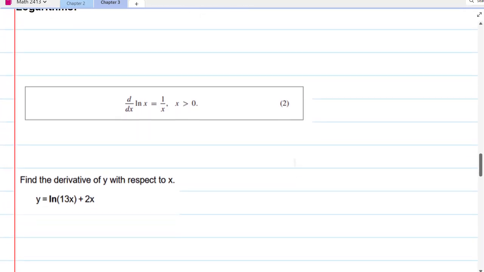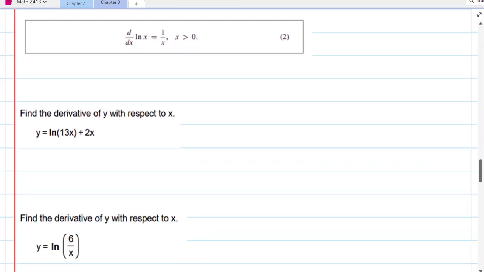Now, here is logarithms. Usually when we talk about logarithms, there are two kinds. We have log of base b, which is an exponent, or we have the natural log, ln of x.